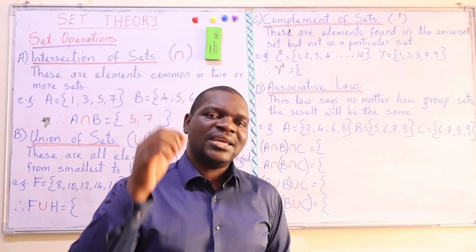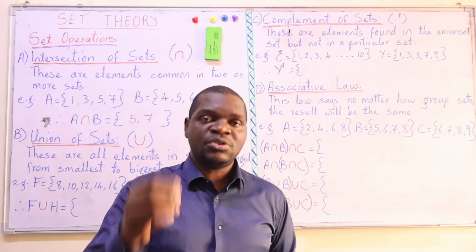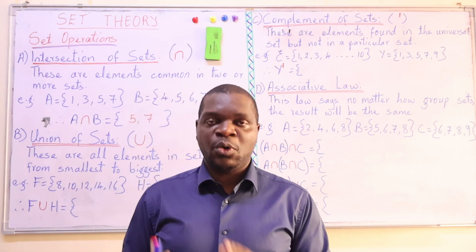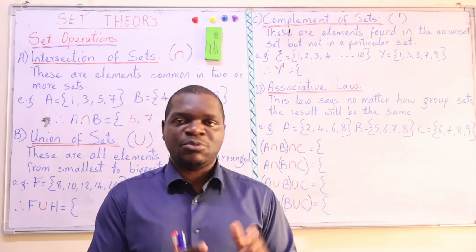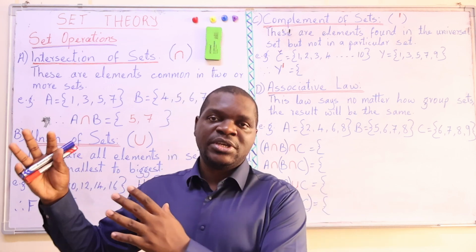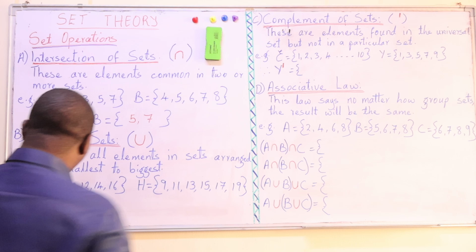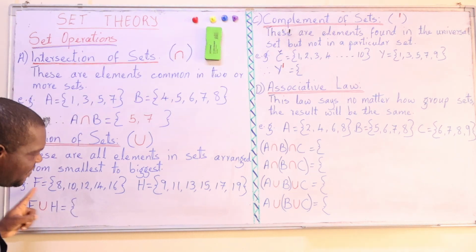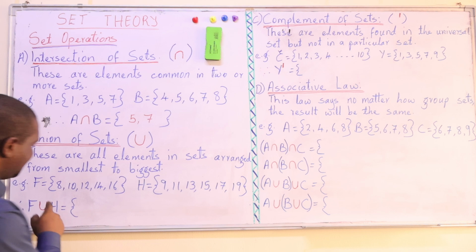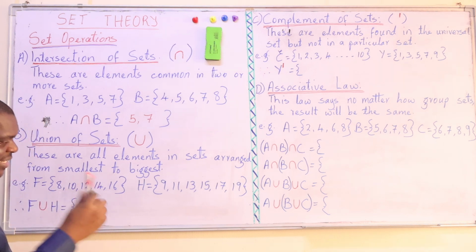Now, what we can take note of as far as union of set is concerned is the fact that if these are numbers or letters, you rearrange them so that you start with the least and end with the most. Let's look at the example we have on the board. We have the set F and the set H. The set F union H will be all these elements put together. In these two sets, we have 8 here, which is the least element.